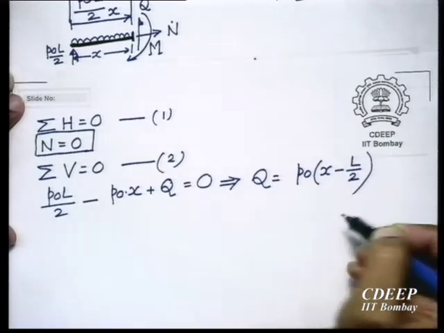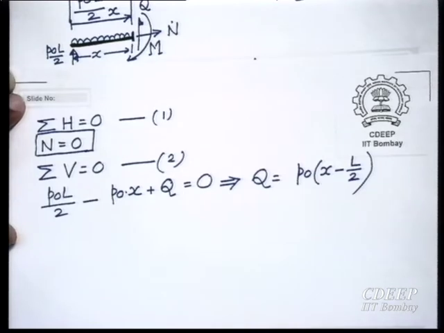Check whether it is right. So, we get here when x equal to 0, q equal to minus P naught L by 2. When x equal to L by 2, it is 0.